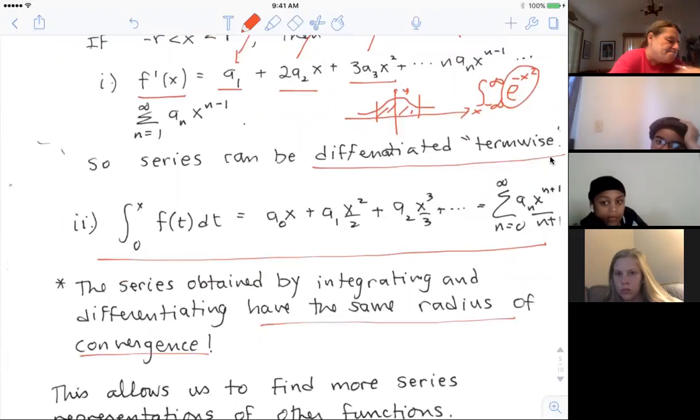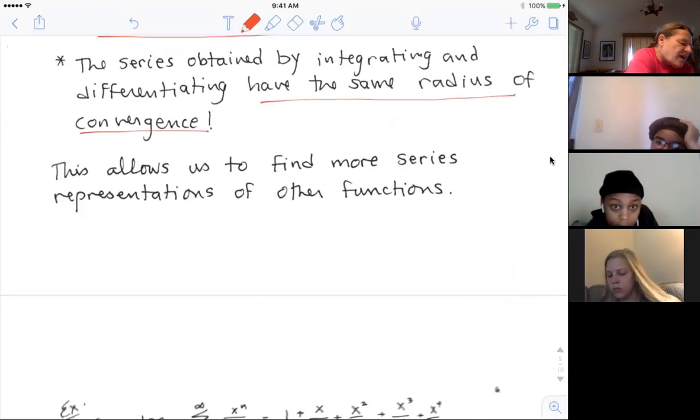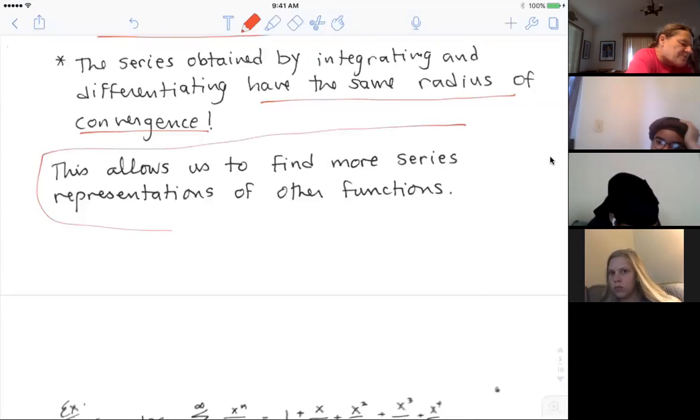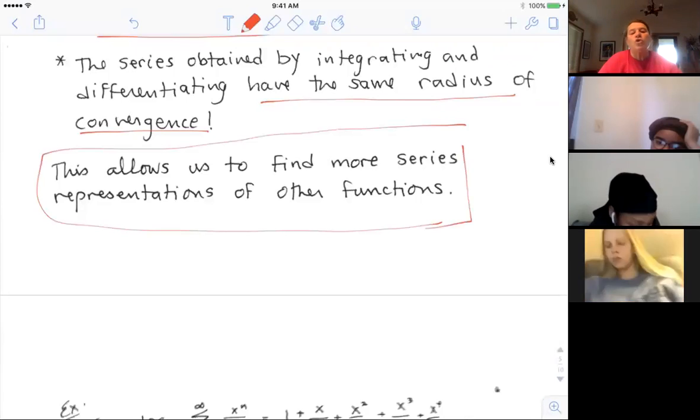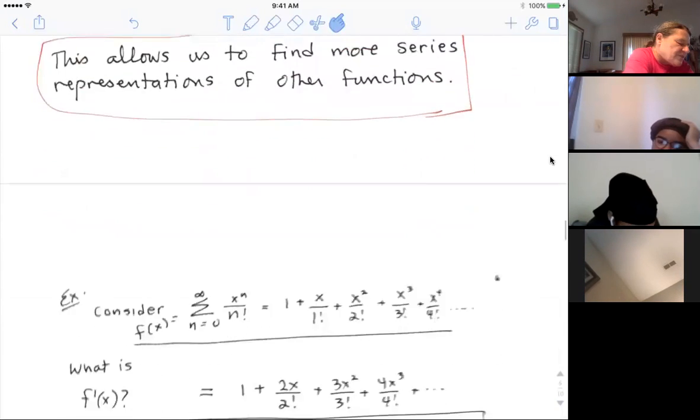Okay. Now, what this allows us to do is to find more series representations of other functions that don't look like geometric series. Okay. So here's something nice.